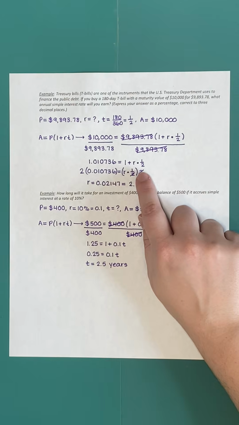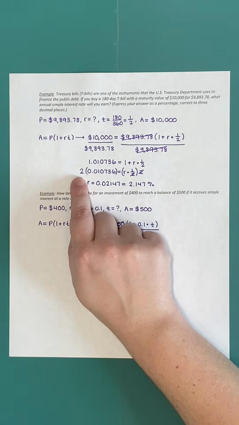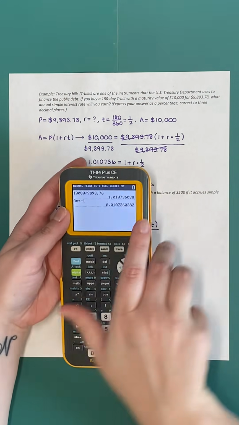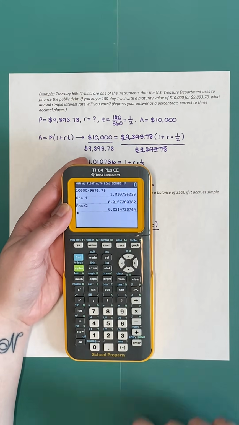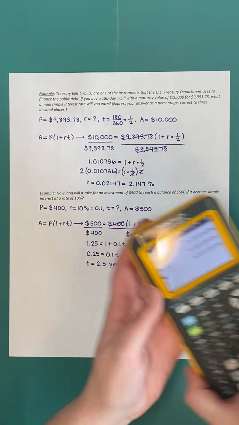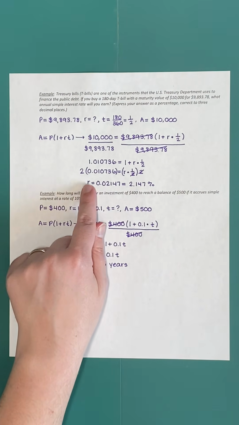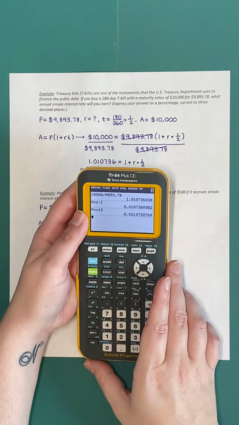So if I multiply by 2 over here in order to isolate my r, I have to also multiply by 2 on the other side in order to keep my equation in balance. So I'm going to take my most recent answer and then multiply it by 2. And once we do that, notice that isolates our r. So what we're left with is now going to be our final answer.